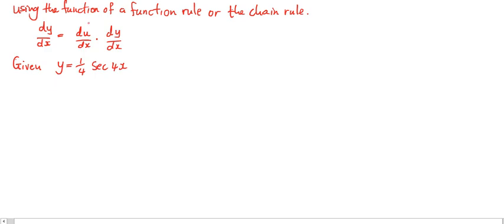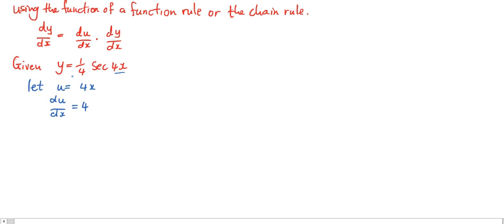Okay, so step number 1, we will let u be equal to 4x, and then we find the derivative of that function with respect to x. So du over dx is equal to 4.